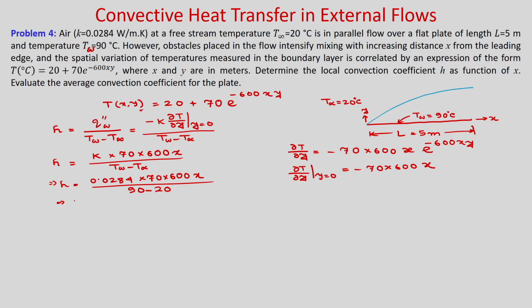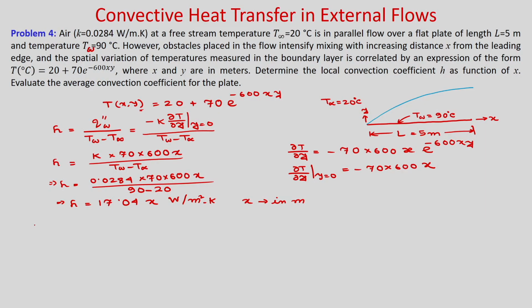So, hence you will be able to calculate H as 17.04 into x watt per meter square Kelvin, x in meter. Now, you know the local heat transfer coefficient. If you integrate over the flat plate and divide by the length of the plate, it will give you the average heat transfer coefficient.